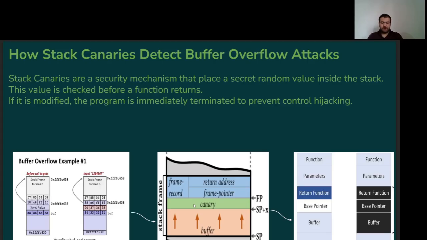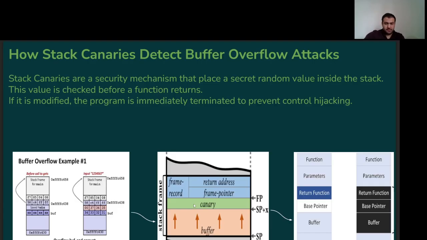Above the buffer we have the canary value, and above the canary we have the frame pointer and the return address. The stack canary is a secret random value placed between the buffer and the return address. During normal execution, this value must remain unchanged.